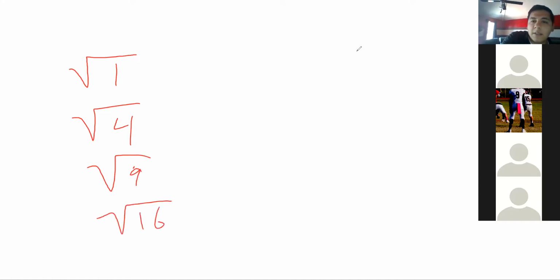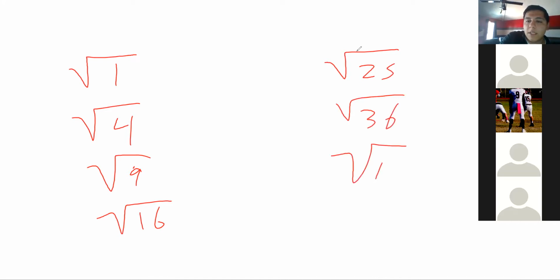The square root of 1, square root of 4, square root of 9, square root of 16, 25, 36, 49, 64, 81, and 100.